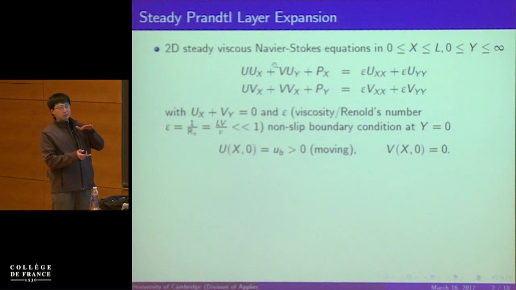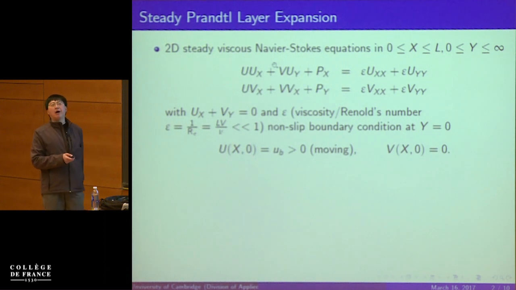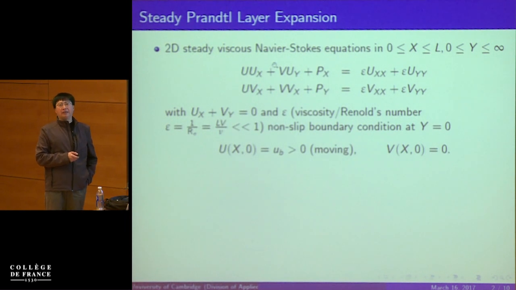Basically you have two plates and one plate is moving at a constant speed. So Couette flow is a well-known steady solution to the Navier-Stokes equation. There, the upper boundary velocity is constant. This is certainly classical. So this is the setup of our problem.